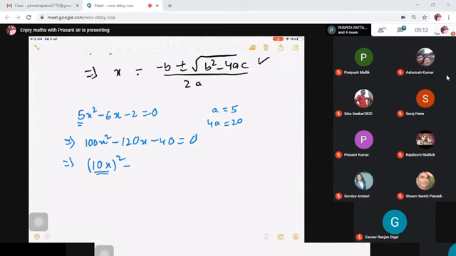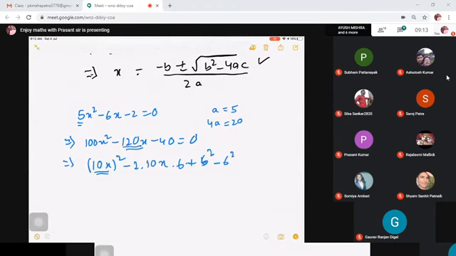So 2 into 10 is 20x, and 20 into 6 is 120. So we shall take 6. Now we shall add and subtract the square of 6, that is 6 square minus 6 square minus 40 equal to 0.